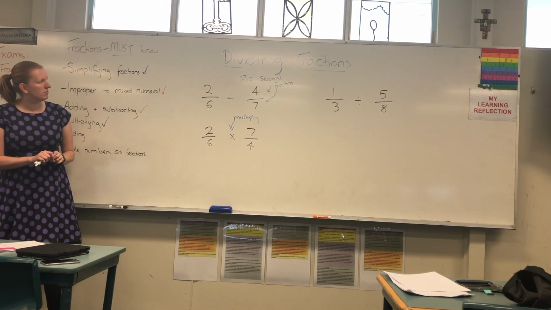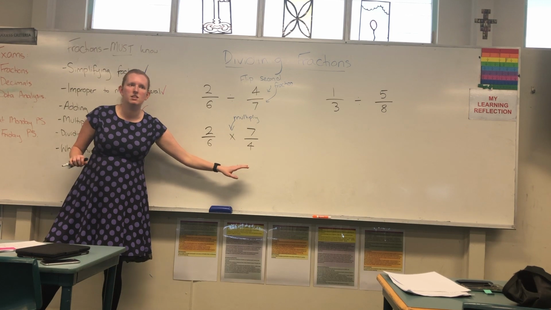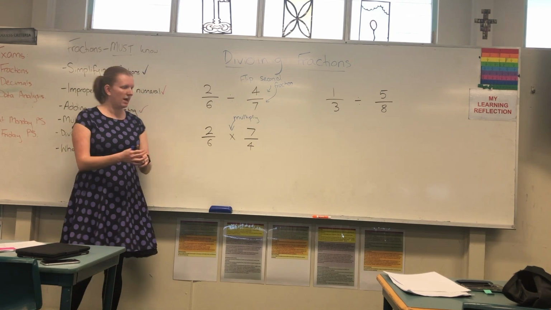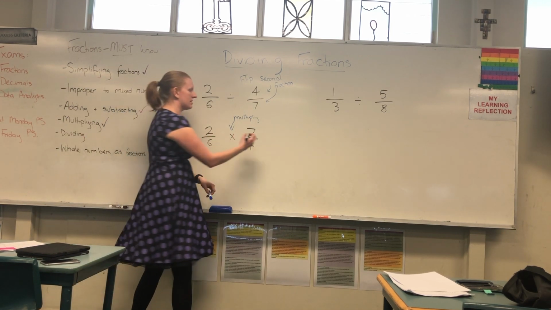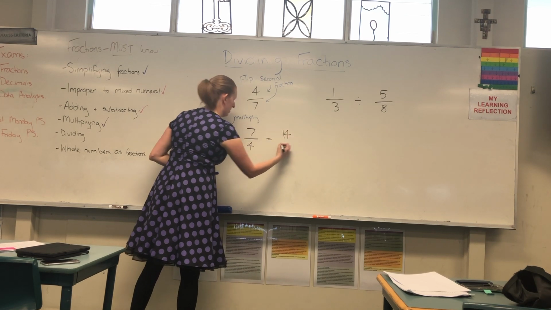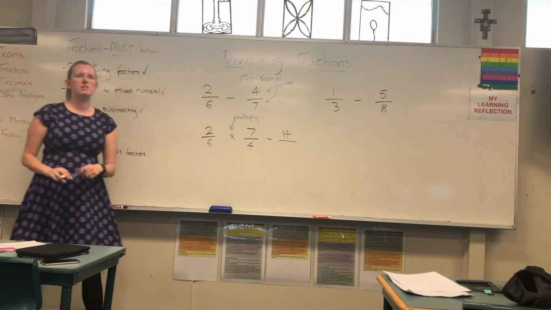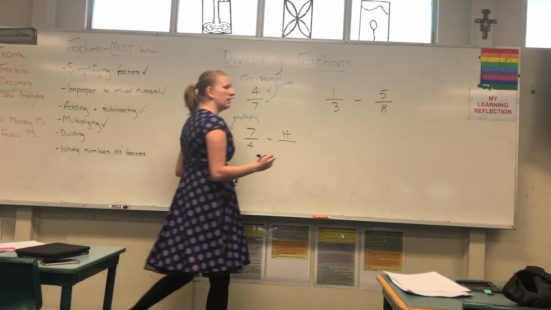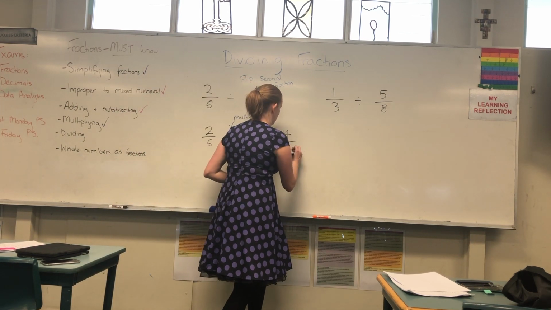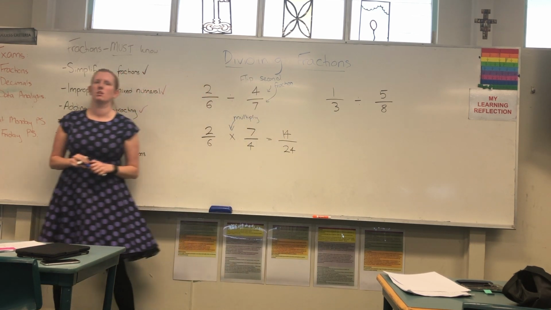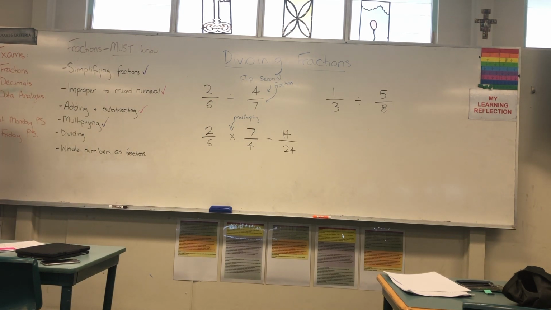So now, can I multiply these? Yes. Easy peasy. How do I do it? 2 times 7 is? 6 times 4 is? 24. Right. Any questions about that process? Yes.